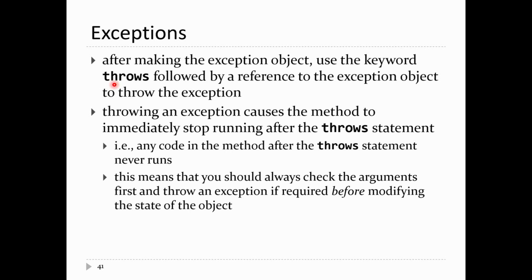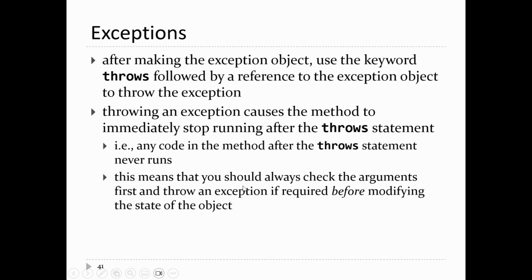All right, so from the assignments, you know that to create and throw an exception, you make an exception object, so new illegal argument exception, and then you throw that object, so use the keyword throw. Your code stops running immediately after the throw statement, and that means that any code after the throw statement never runs, which is good.